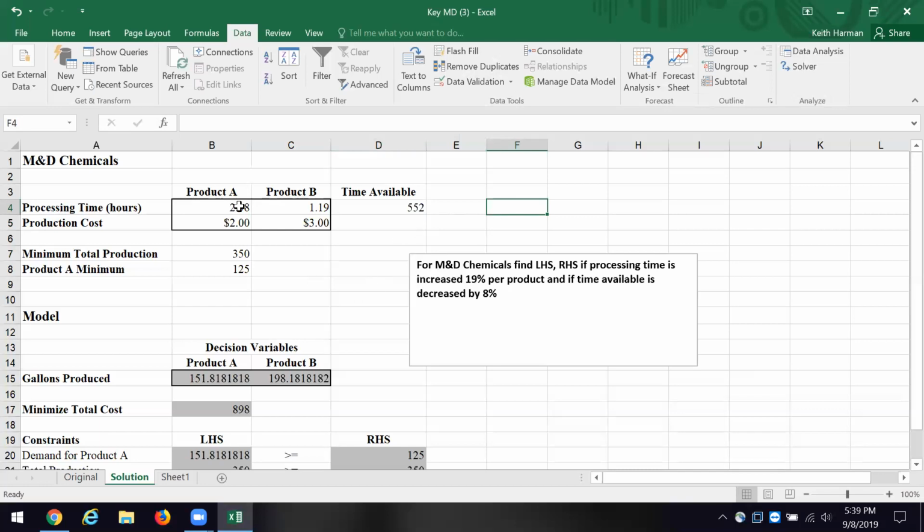So now I'm having to spend more time making this stuff, and I have less time to do it. And I'm maintaining my cost structures, and I'm maintaining my production constraints. This is a very real world problem. I'm literally being asked to do the same with less. That's why we call it a minimization problem.